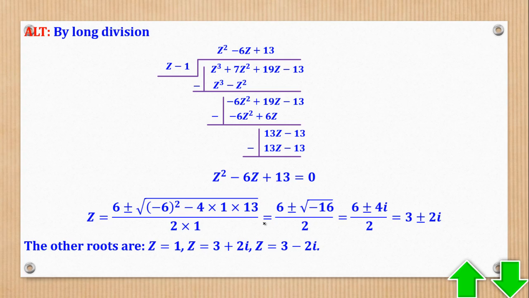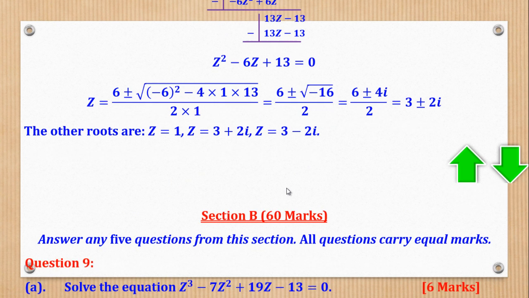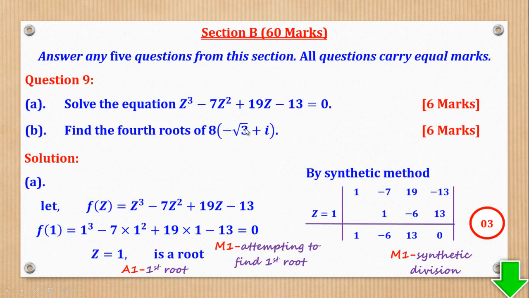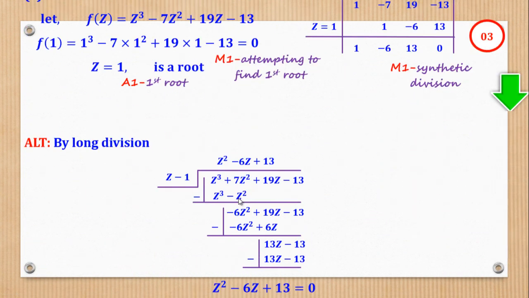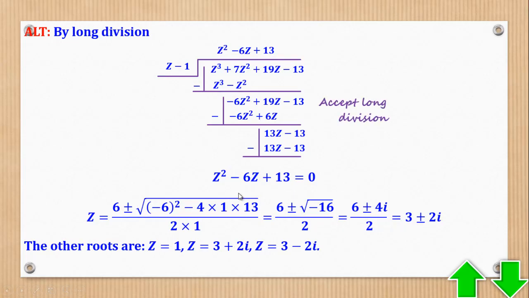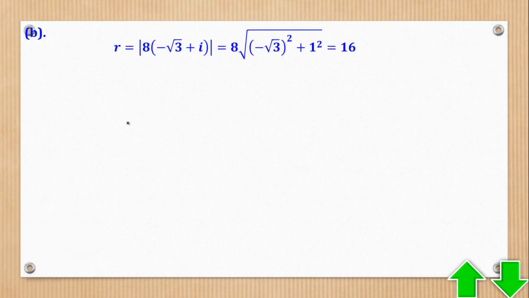Part B, they wanted the fourth root. Let's first go back. Part B, they wanted the fourth root of this. So you need to first get the magnitude of this complex number. The magnitude of this gives you this, which becomes 16.